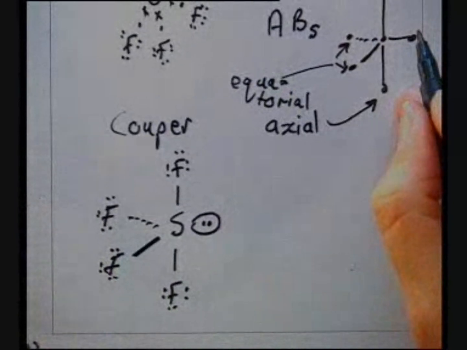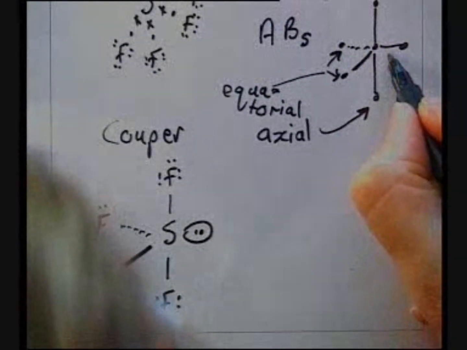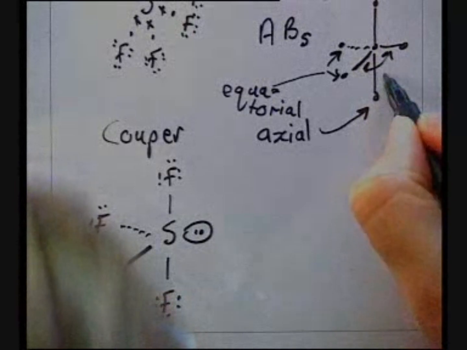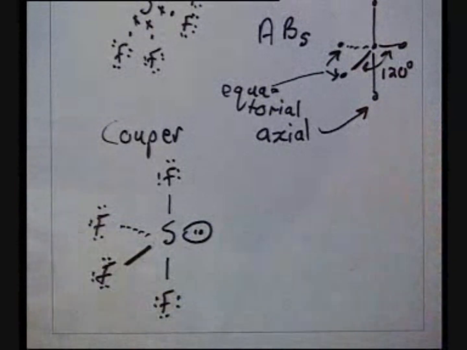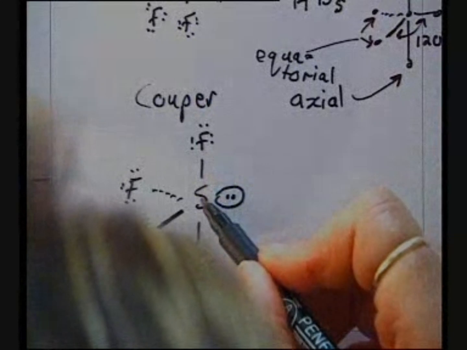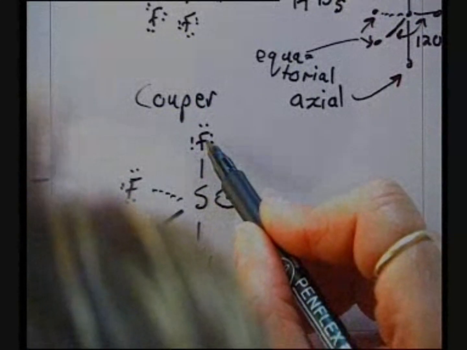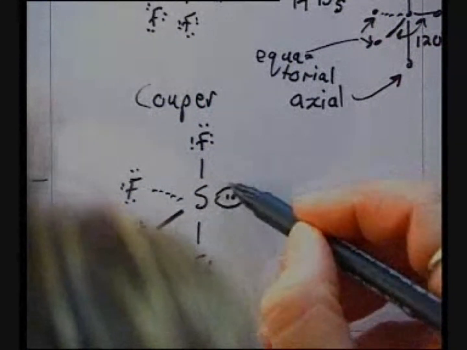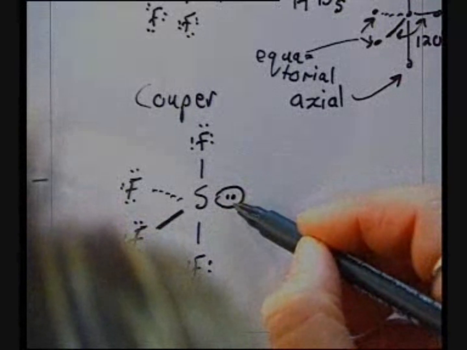For the perfect trigonal bipyramidal structure, a bond angle of 120 degrees can be expected. In this example, though, we have got not the trigonal bipyramidal structure, but a distorted structure where we've got a lone pair in the position of one of the nuclei.